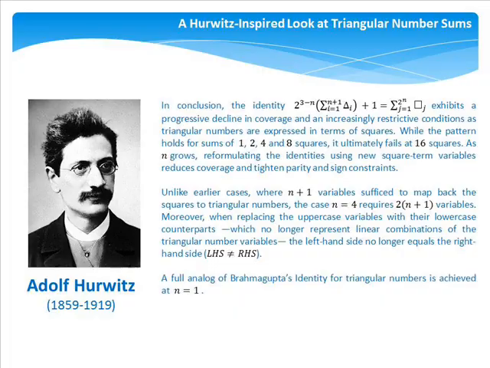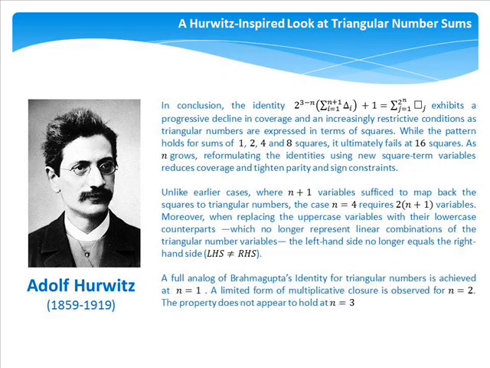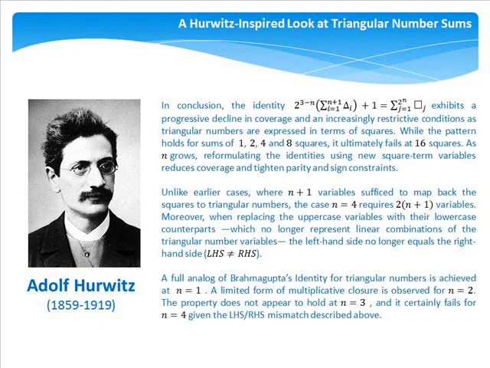A full analog of Brahmagupta's identity for triangular numbers is achieved at n equal 1. A limited form of multiplicative closure is observed for n equal 2. The property does not appear to hold at n equal 3, and it certainly fails for n equal 4, given the left-hand side, right-hand side mismatch described above.